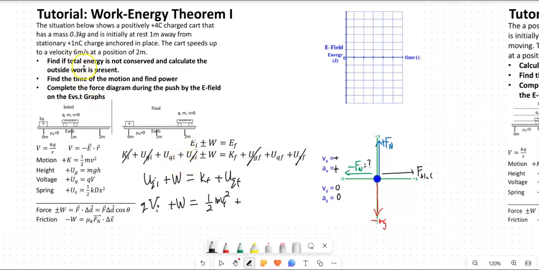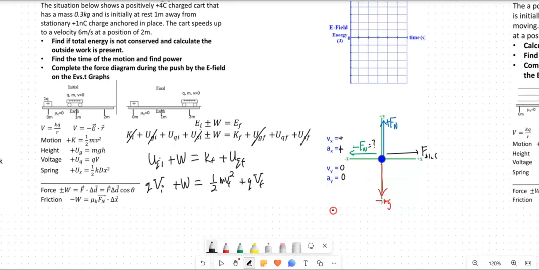And we know that final velocity is 6 meters per second at the 2 meter mark, plus the charge on the cart times the final voltage acting on it. Now I need to go one more level down because I have to define that voltage.